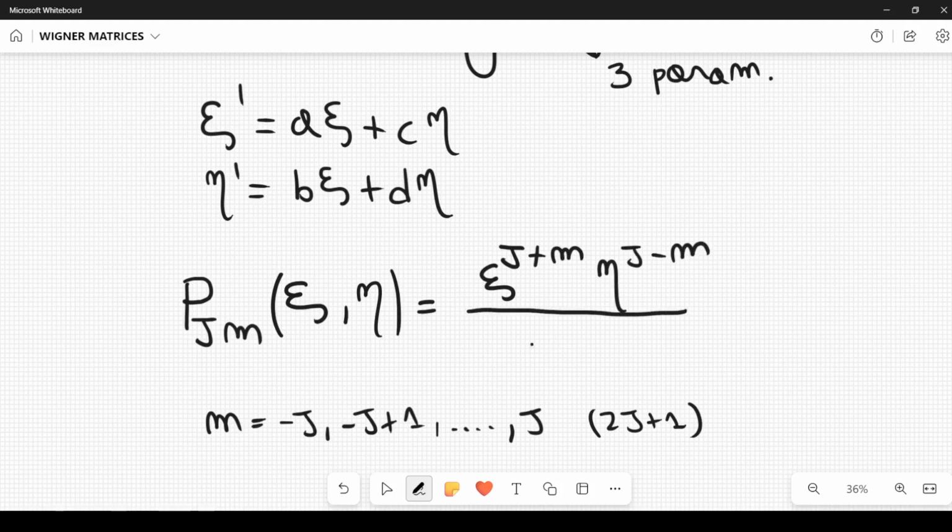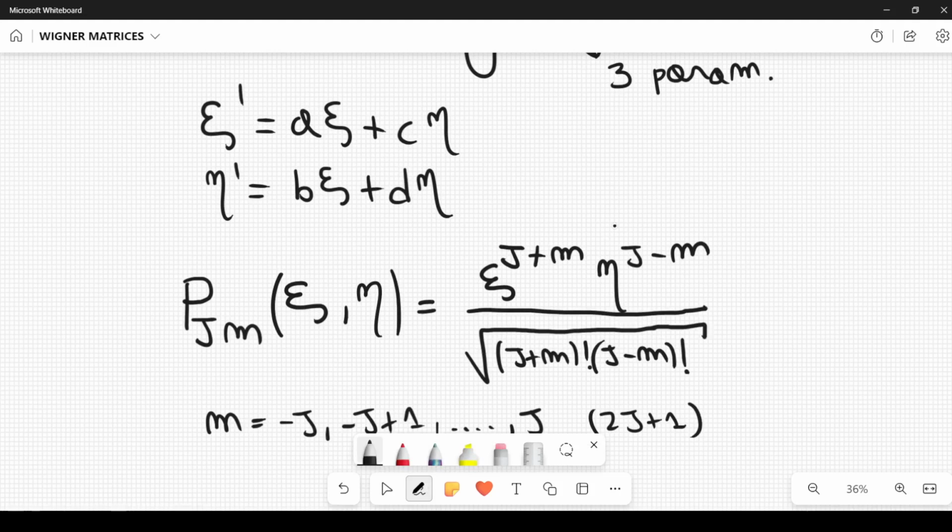And then we divide by a factor, and I will show you why we have this factor, the square root of j plus m factorial times j minus m factorial. You can see that when you let m vary, you can obtain 2j plus 1 different polynomials. You can see it from here because m can take 2j plus 1 values.